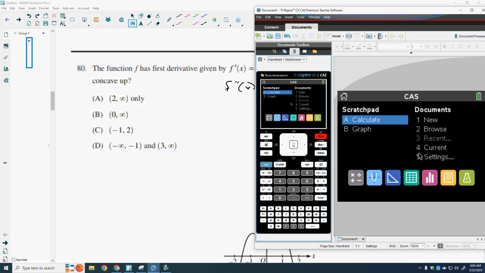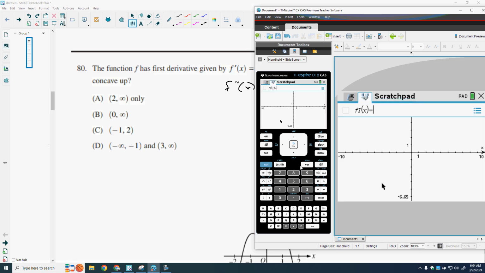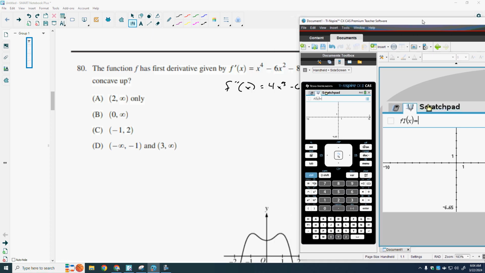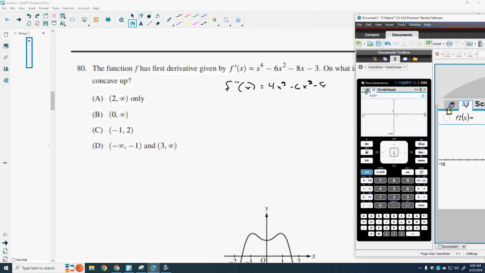So let's grab a graph. So I have 4x raised to the third power, minus 6x squared, minus 8.